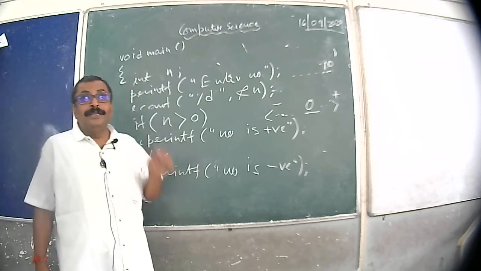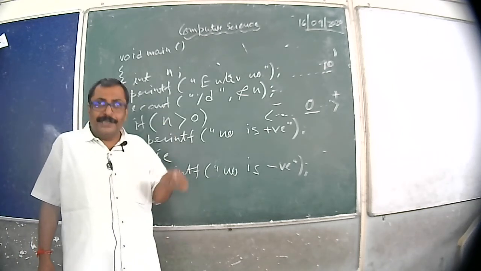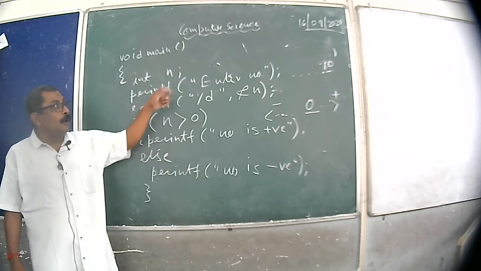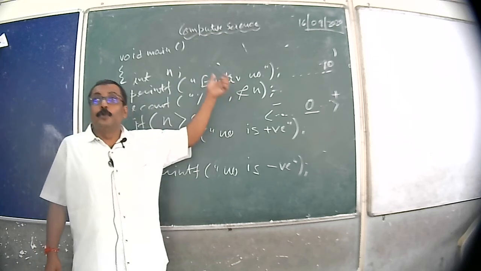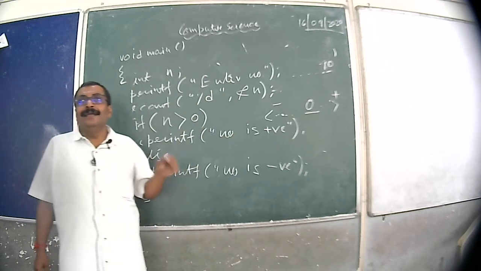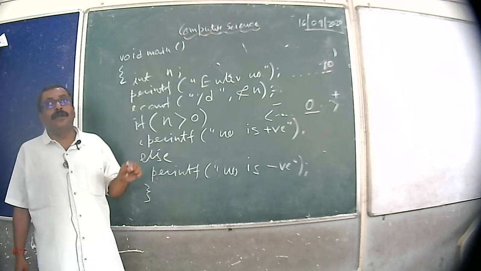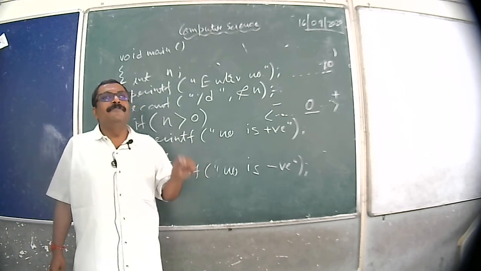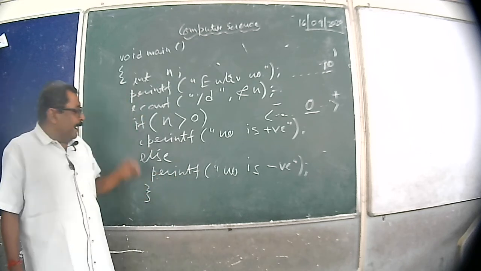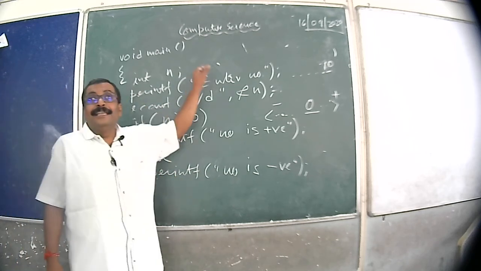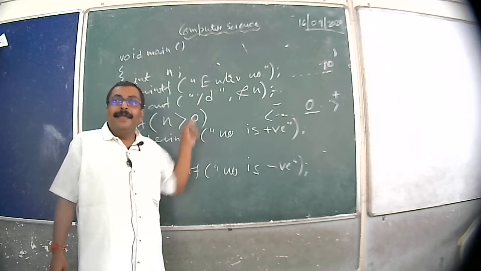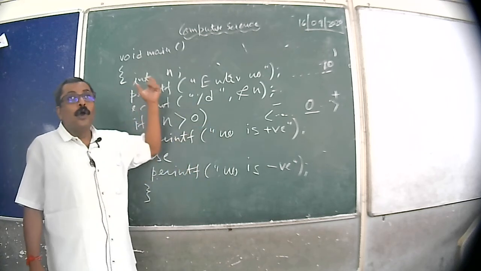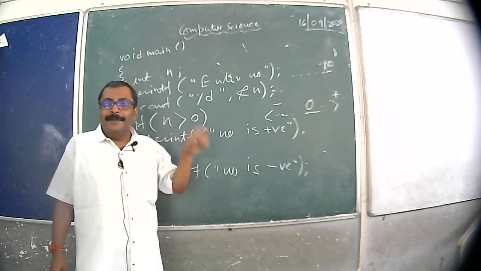Today's class covered the logical part, programming and logic technique, that is one concept for reversing a number. Second, the introduction of conditional statements using if else. And one more thing, the list of conditional operators. Last day we covered mathematical operators, today we introduced one more operator, the conditional operator.